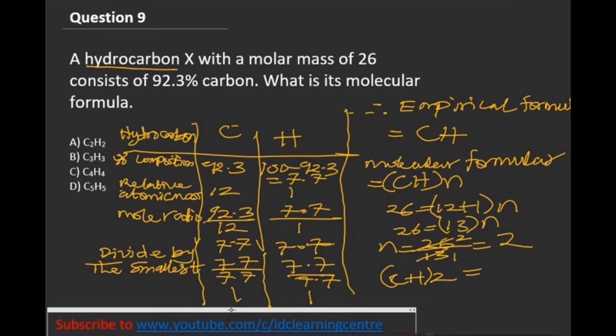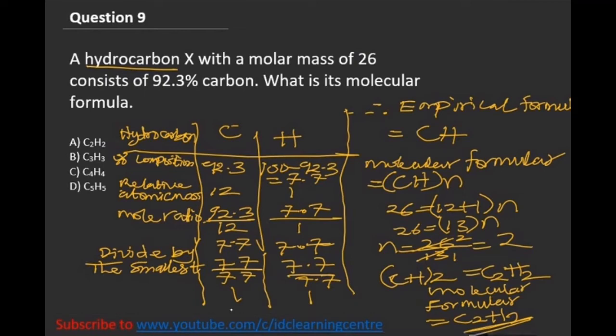So C, which is 1, gives us C2. The H is also 1 times 2, which gives H2. So our molecular formula is equal to C2H2. So the answer to this question is A, C2H2 is our molecular formula.